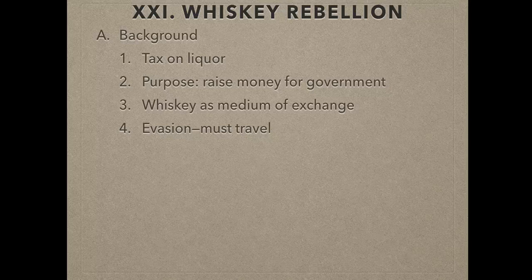Okay, so essentially this evasion piece right here, what it means is that if you are found to be evading the tax, you are a backcountry farmer and you're not paying the tax and you live somewhere in Pennsylvania, then you must travel to, like Philadelphia, for example, to sit trial for your violation of this law, which means that not only do you have to owe money to pay the tax, and then you're probably going to have some punishment.